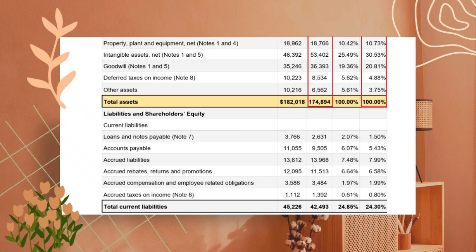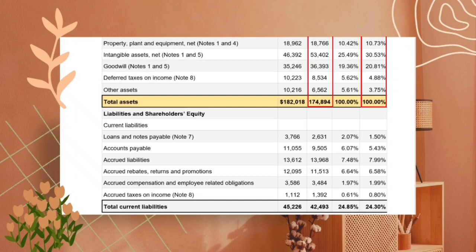Next is the intangible assets, notes 1 and 5. We have here 53,402. We will divide it by the total assets of 174,894. After getting the total, we will multiply it by 100 so we can get 30.53%.